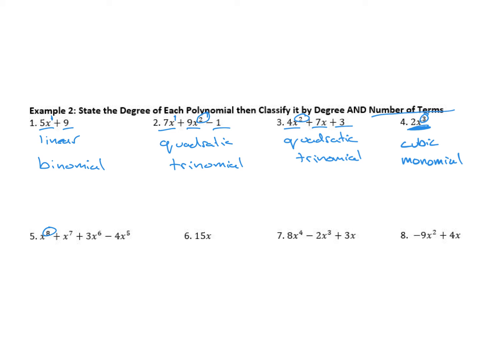Well, we can just call that an 8th degree polynomial. But when we start looking at how many terms they are, also with that one, we don't really have a name for 4 of them. I mean, there are names out there, but we're going to only be worried about basically 1 through 3. So finish up 6, 7, 8. Pause here before you move on.